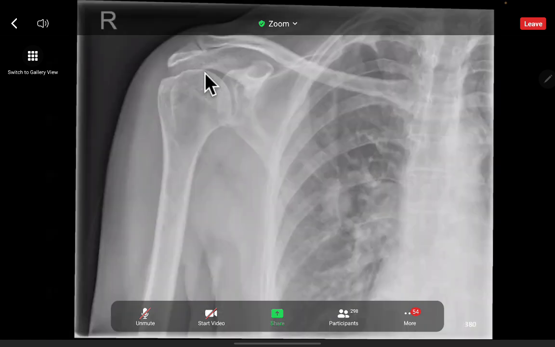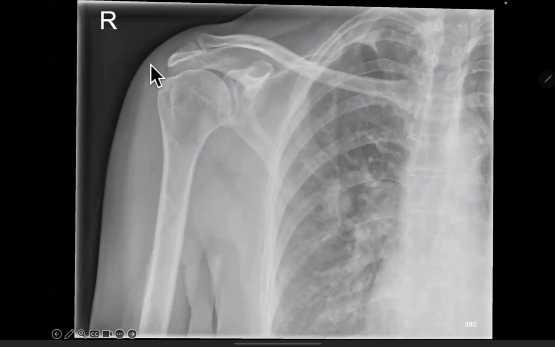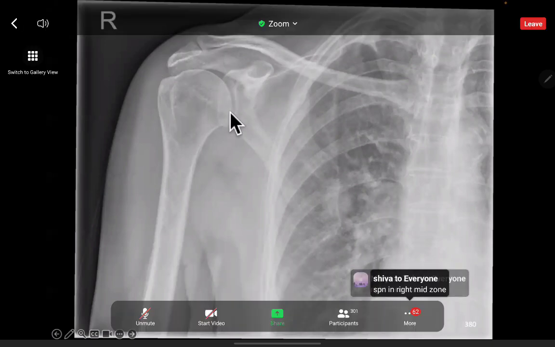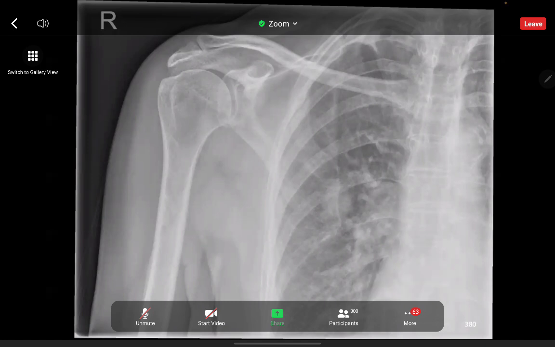Okay, this patient has fallen on the outstretched hand, and they've now got shoulder pain. Yeah, well done. So there's not really anything wrong with the shoulder. There's a bit of osteoarthritis. There's no fracture, but there is a pulmonary lesion. So don't forget, when you're looking at musculoskeletal films, look at the lungs.